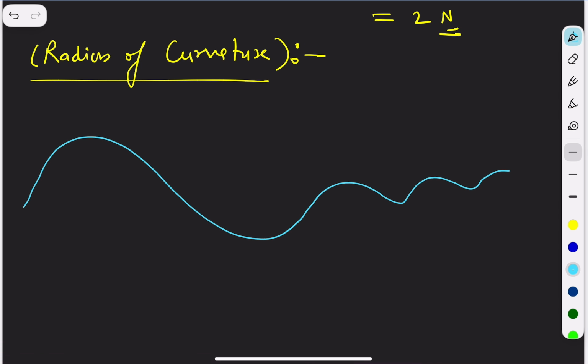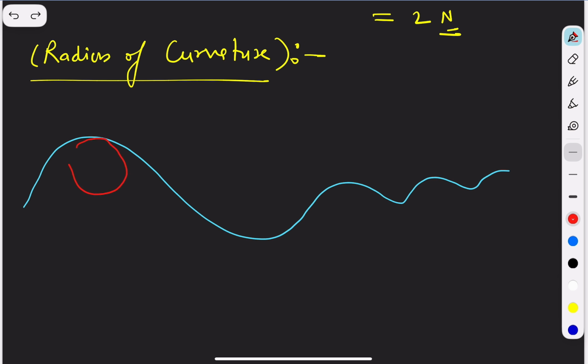Any part of this curve, the different parts of this curve, can be a sub part of circles of different sizes.